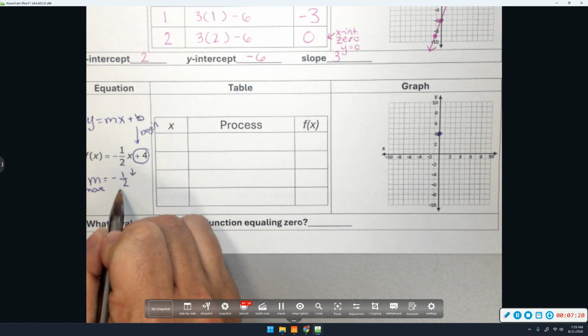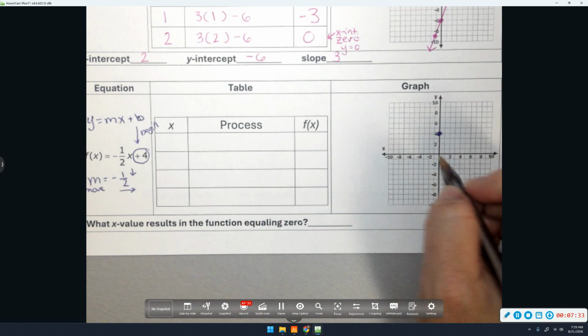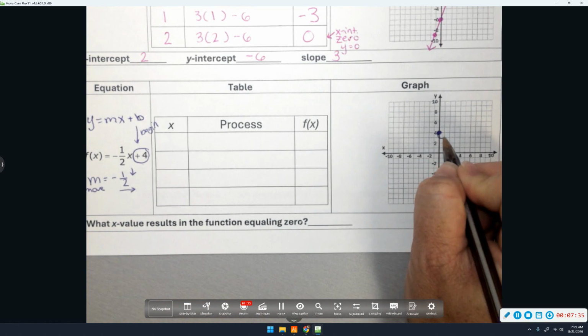And I'm going to tell you right now, the bottom number, we're always going to go right to begin with, okay? There are times we will go left, and I'm going to show you that in a second, but we always start off going to the right, okay? So we're going to go down 1, right 2. So down 1, right 1, 2, and I put a point.